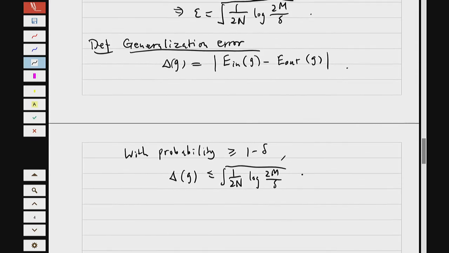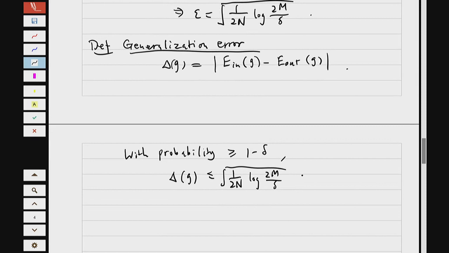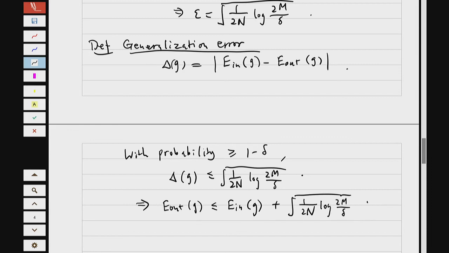And if you say, well, I only care about one side of the error, so that means E out of G is less than or equal to E in of G plus this thing, right? If you don't care about the magnitude. Yeah, so this is guaranteed with probability 1 minus delta.